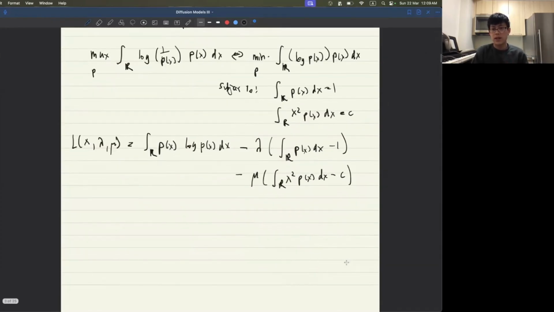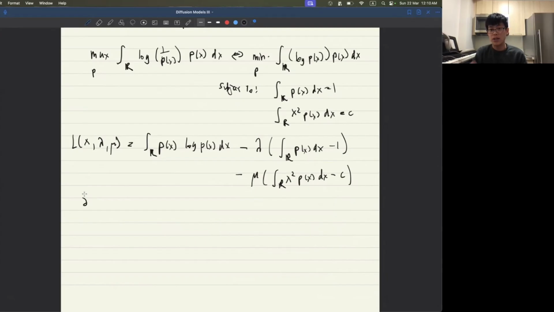We know that at optimum, this Lagrangian must be stationary with respect to the optimization parameters. In particular, because we're optimizing over probability distributions, it must be stationary with respect to all of these p(x). The Lagrangian basically makes this constrained optimization problem an unconstrained one.